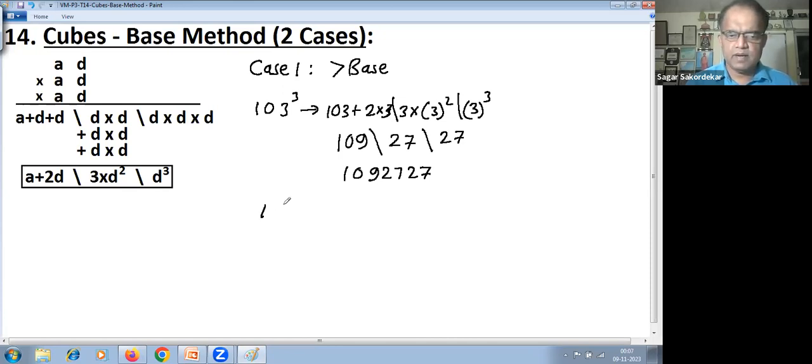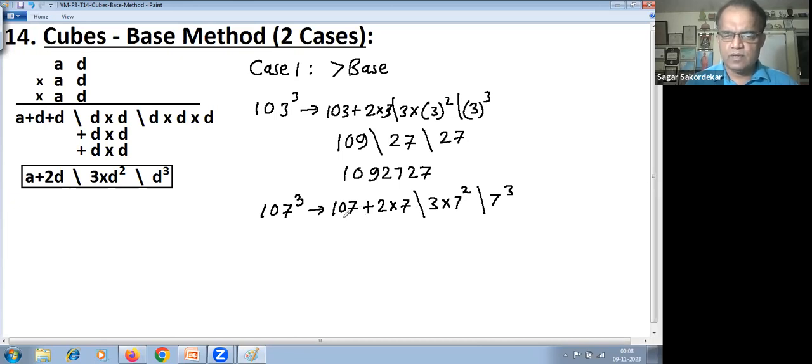Next example, 107 cube. Number is 107 plus 2 into difference. 107 minus 100 is 7. So difference is 7. Then 3 into difference square. Difference is 7. So 7 square. And the third part is difference cube. Difference is 7. 7 cube.